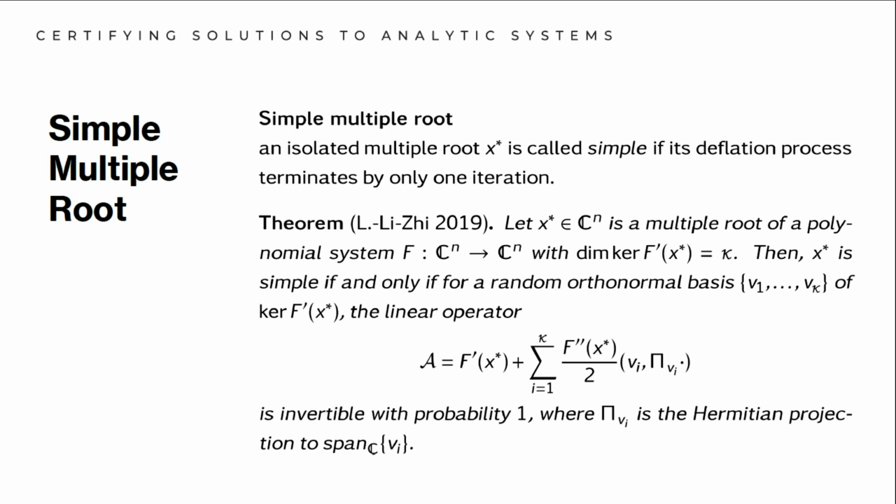We called this a simple multiple root because among the multiple roots, this is the simplest case in terms of the deflation method. It's just a title, a terminology that we define, related to your deflation process, because it terminates by only one iteration.